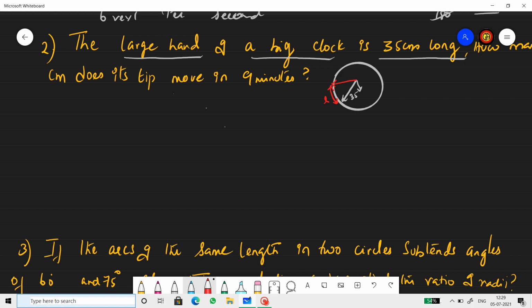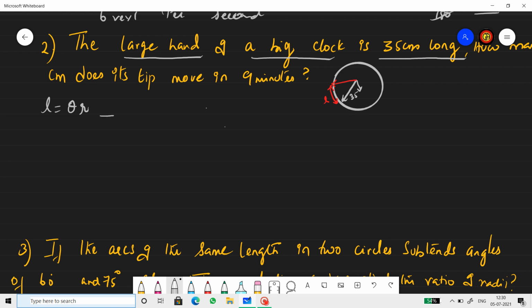We have no information to find the arc length because we need two pieces of information. We know that L equals theta r is a suitable formula to find the arc length, but we have no information about theta. Radius is given as 35, but it wants the arc length when the tip moves for only 9 minutes. All right.